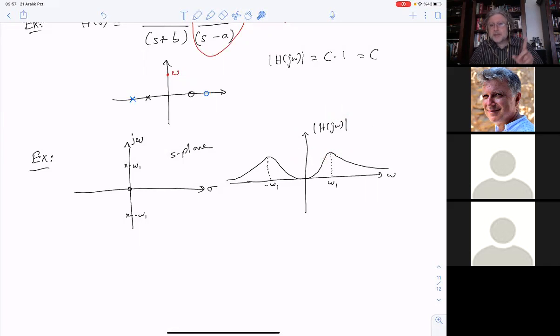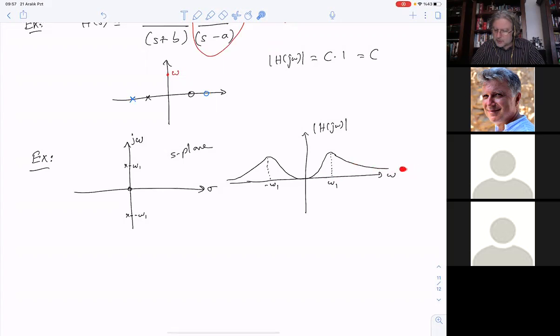It's not band stop, but it's band pass. It is essentially passing around this omega 1. No, it's not high pass. It is something like a high pass, but as frequency goes to infinity, the passing reduces back down to 0.